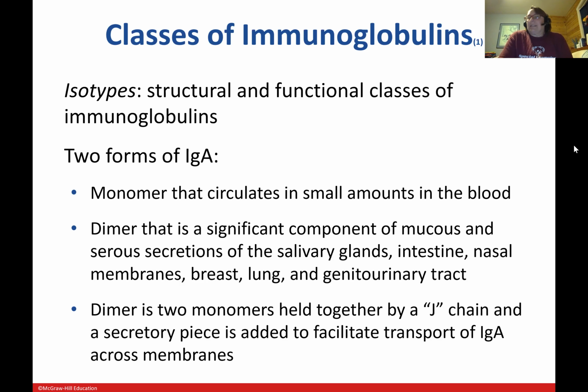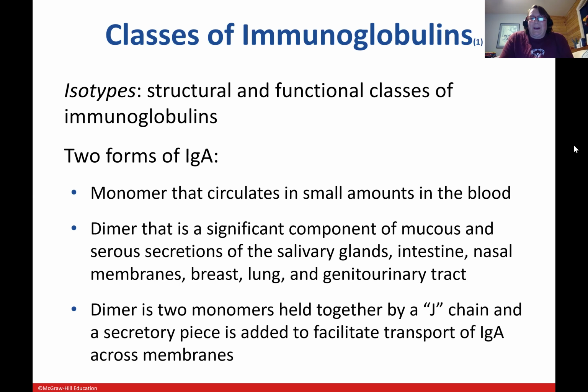So that dimer is the one that lives in the mucous membranes and also in various different body fluids like saliva, and in the intestinal tract, in the mucus, in the nasal membranes, in breast, lung, and the genitourinary tract. That dimer, as I mentioned, is 2 monomers that are held together by what's called a J chain.